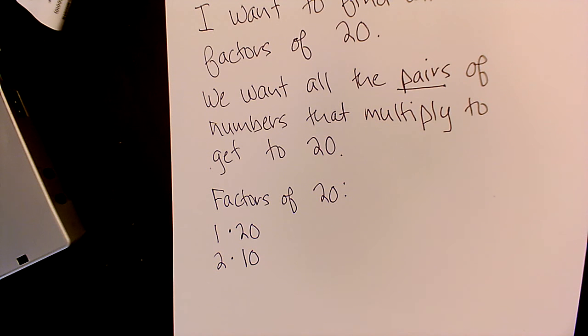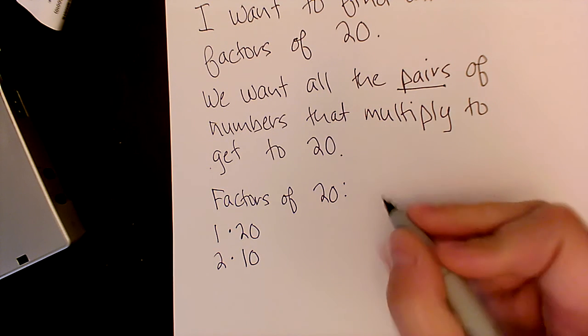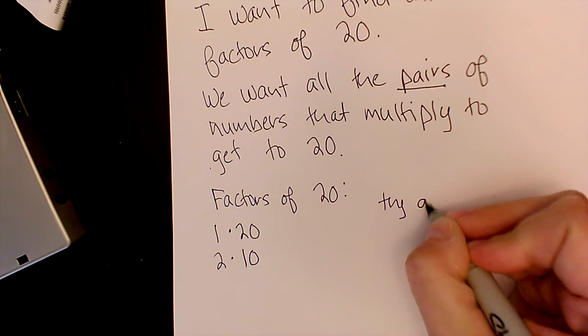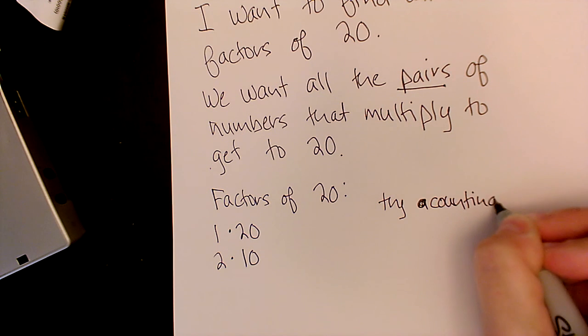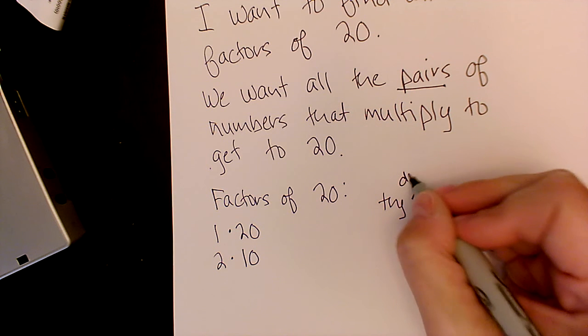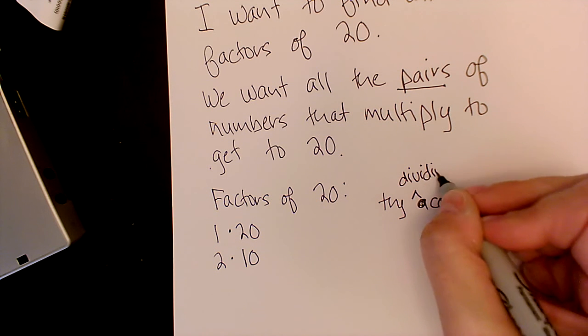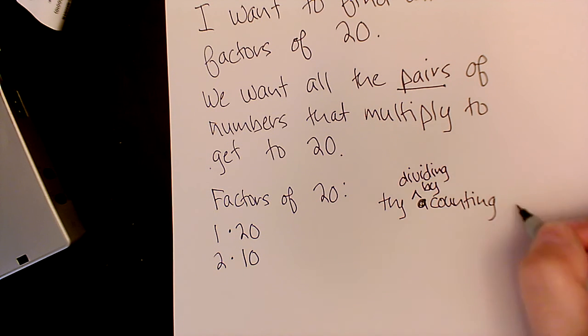And then I just keep trying each of the counting numbers. So 1 goes in 20 times, 2 goes in. Does 3 go in? Let me put a side note here. Try dividing by the counting numbers.